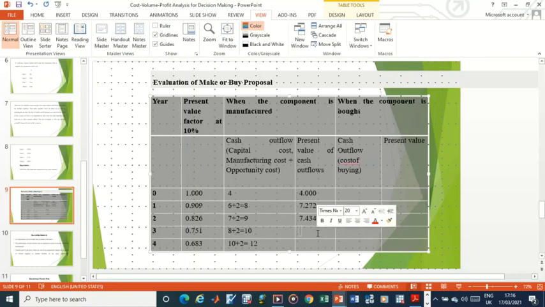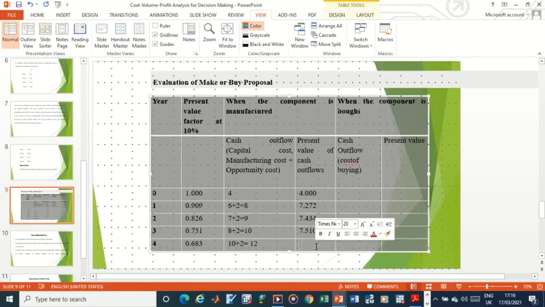Next is 0.571 multiplied by 10, which will give us 7.510.